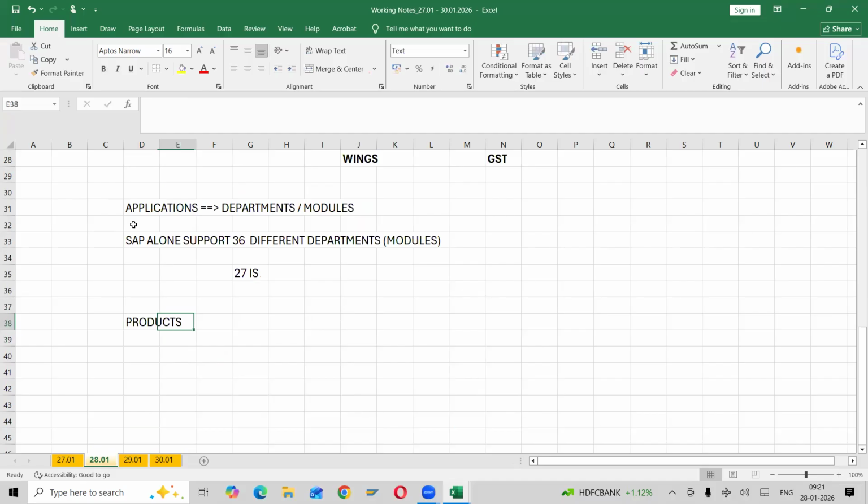Products in the sense, SAP is not restricted to support only one sector. For example, here our sectors are classified into manufacturing concerns, trading concerns, and service concerns.